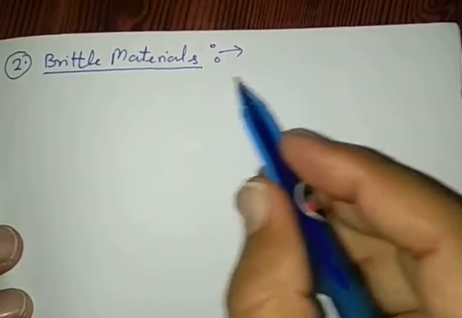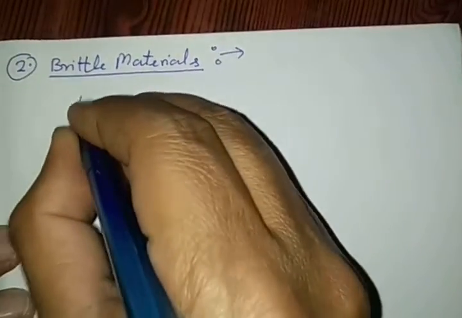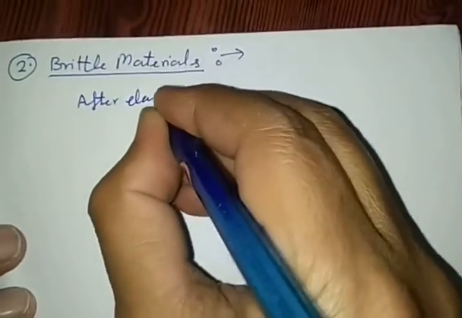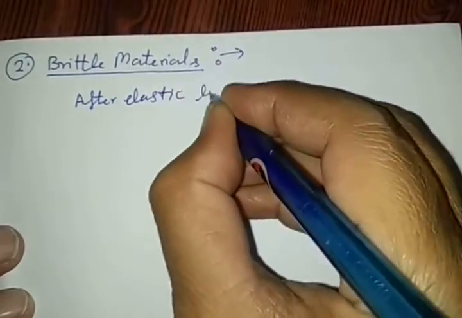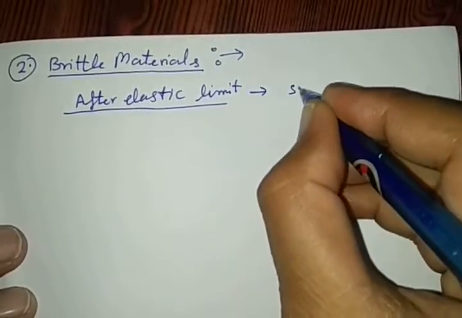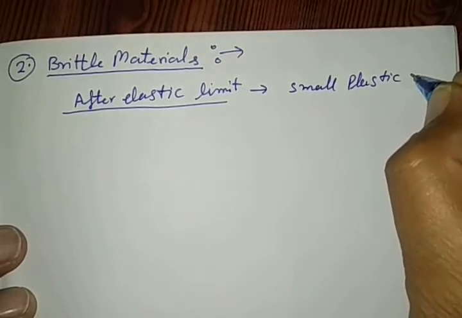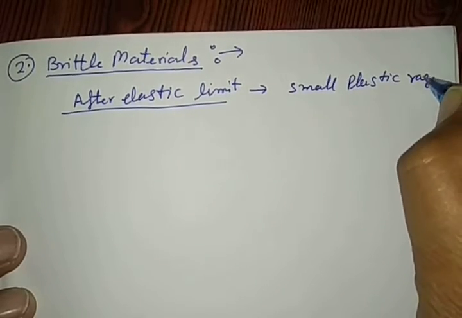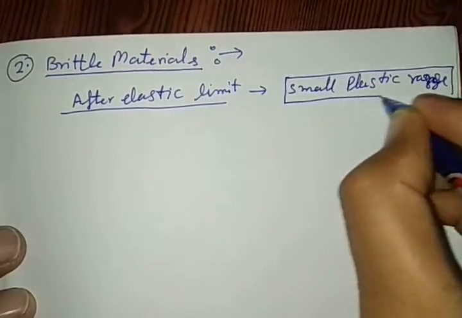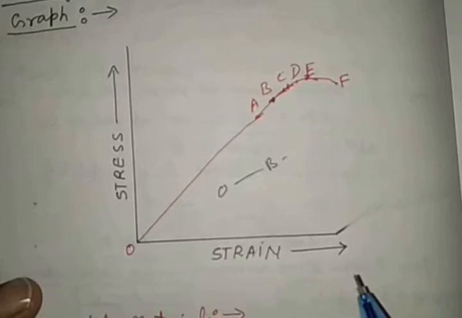After the elastic limit, there is a small plastic range, and it is represented clearly in the diagram.